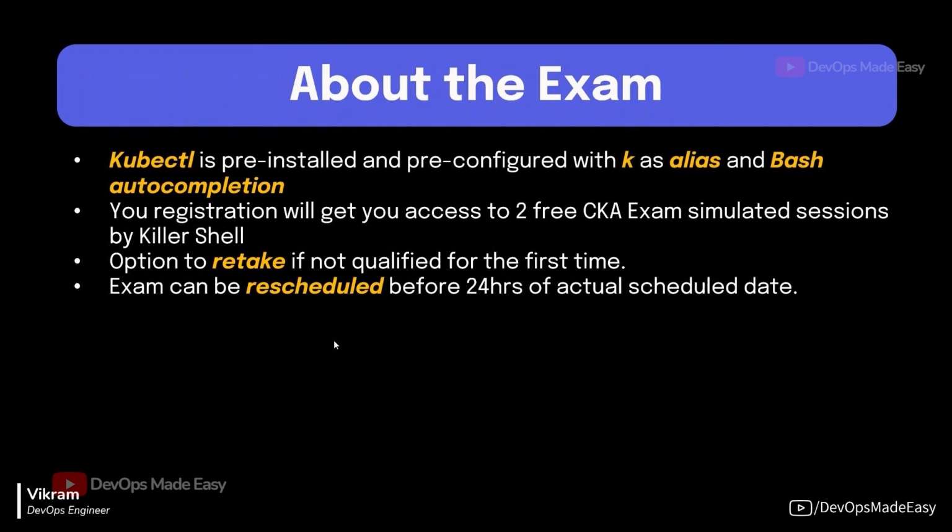If you type k, it is kubectl, because the alias is already set, along with the auto-completion settings. Everything is already done, so you don't have to do anything apart from executing the commands. No vim configuration or kubectl configuration is needed like before.